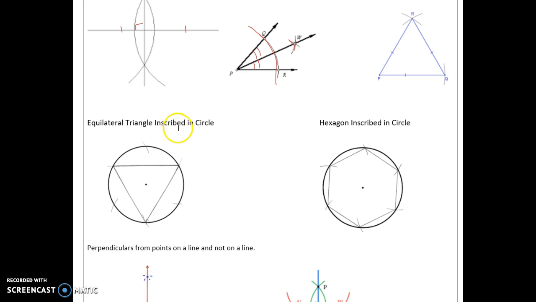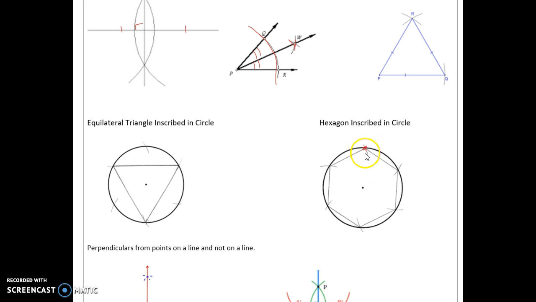The equilateral triangle inscribed inside of a circle. In this particular case, these two constructions are very similar. You measure the radius, you make a little point where that radius intersects.